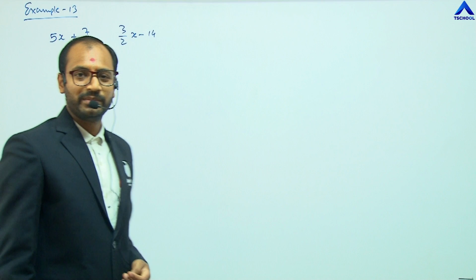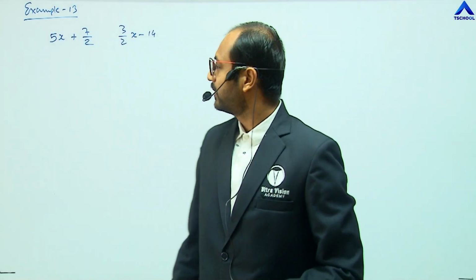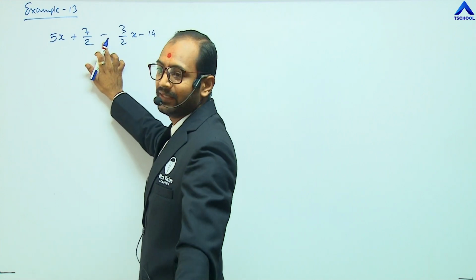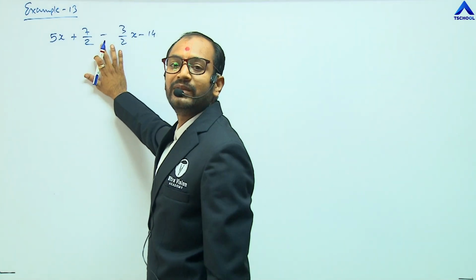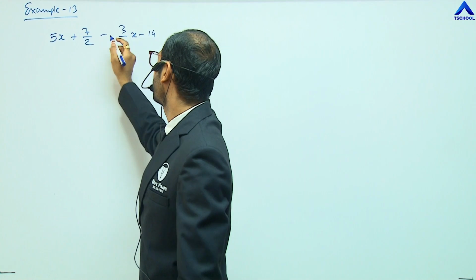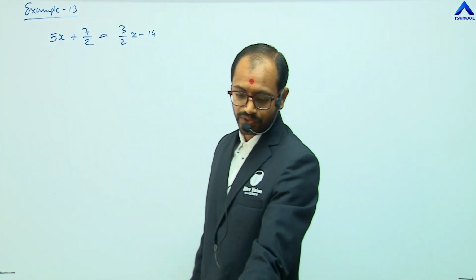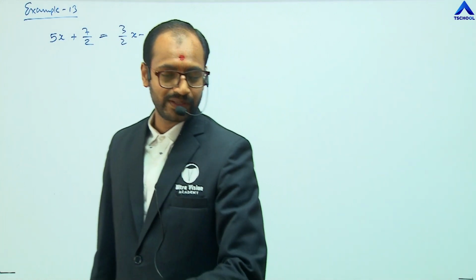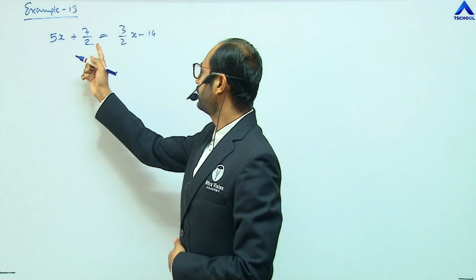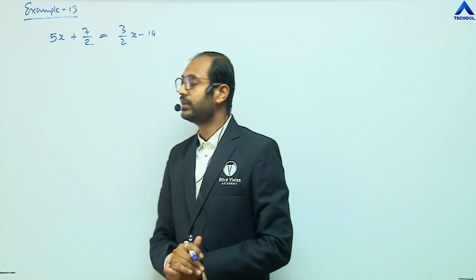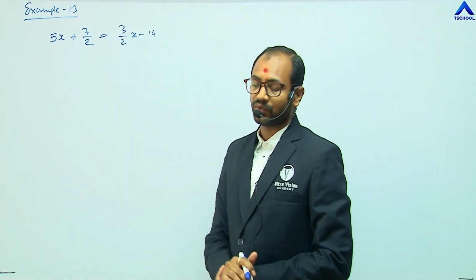Students, you have to remember that in between these two terms there is a sign of minus, but that is a typing mistake. So here it is equals to. Clear? Because in the solution there is an equals sign instead of minus. Clear? So here is the equals sign.